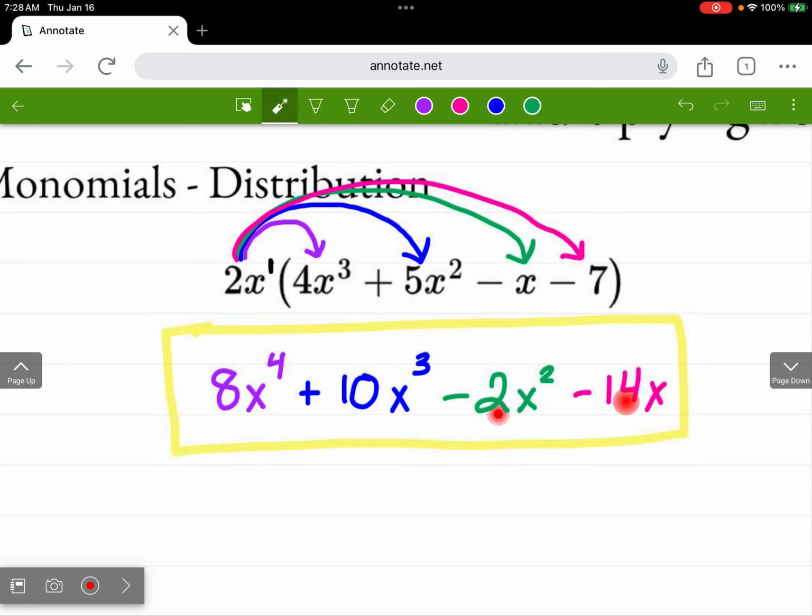We cannot combine pieces any further. I've got a whole lot of things that have x's here, but remember, x's, x squareds, and x cubes are related. They're all from x's, but again, that's like having an apple tree, an apple pie, and maybe an apple donut. Do not put an apple tree in my apple pie. It's going to mess with the texture.